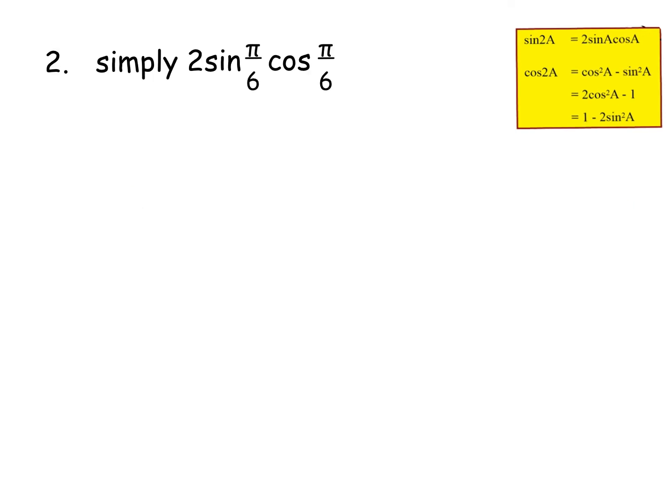So in this example, I have it expanded already and I need to try and put it back. I could work out what pi over 6 is, which is 30, and work out what 2 times sin 30 times cos 30 is, and then prove it. But I'm going to do that in a minute. This here looks very like the expansion up here in the corner. So it looks like I've expanded out 2 sin a cos a, where a equals pi over 6.